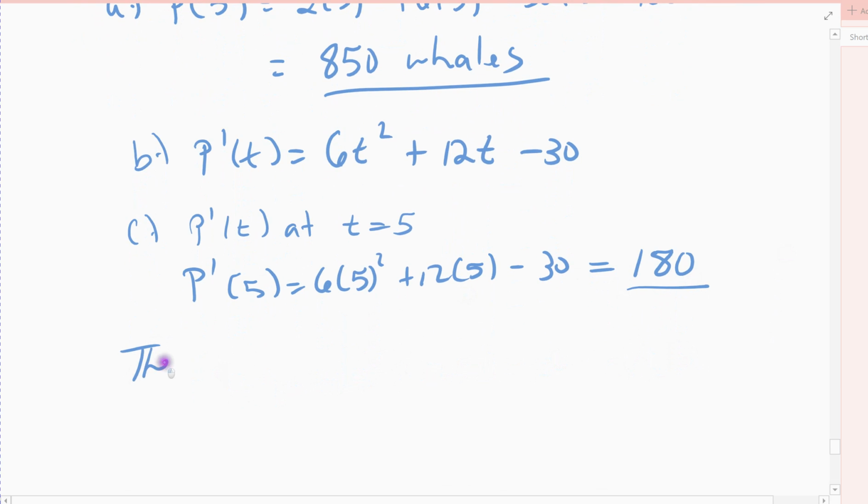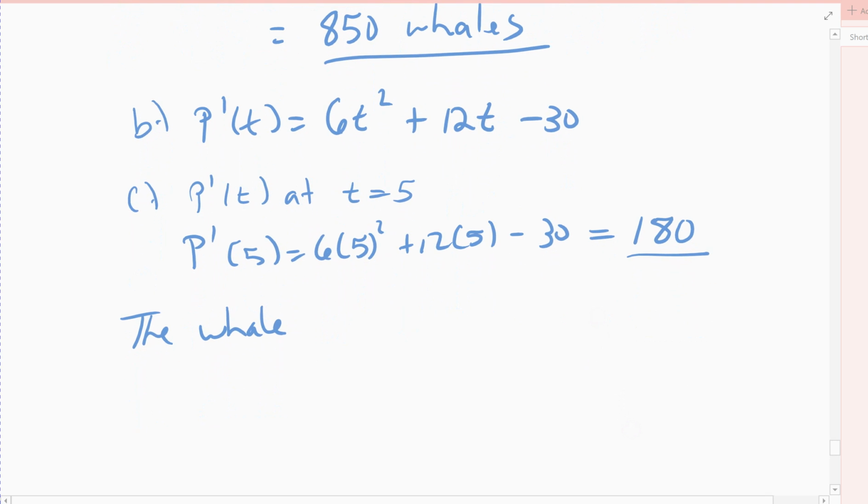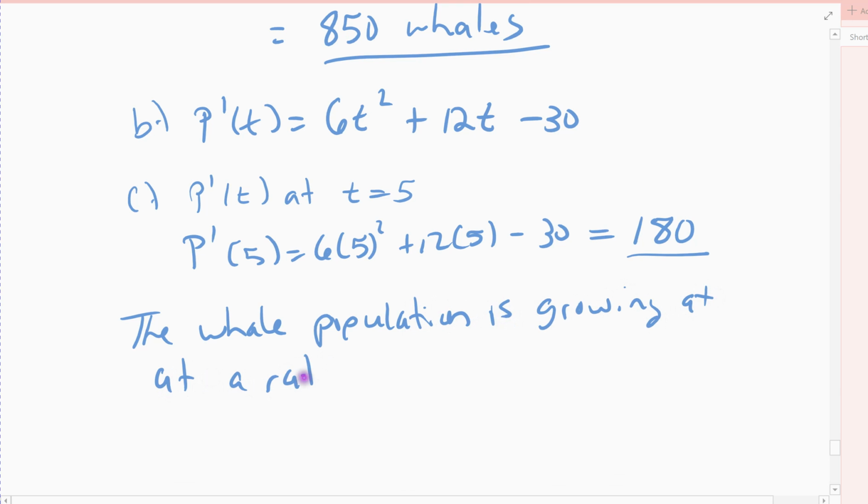And so that tells me the whale population. Now, after 5 years, there's 850 whales. The derivative is telling me after 5 years, this is how fast the population's growing. Alright, so the whale population is growing, increasing at a rate of 180 whales per year.